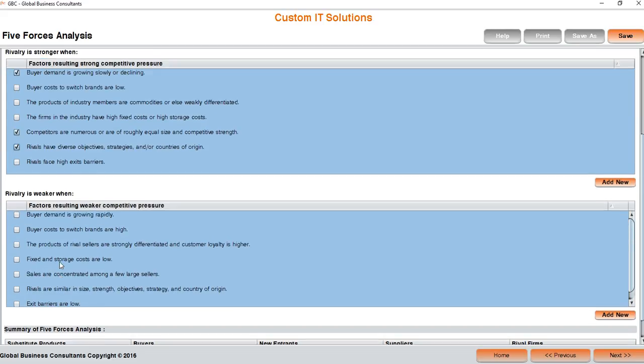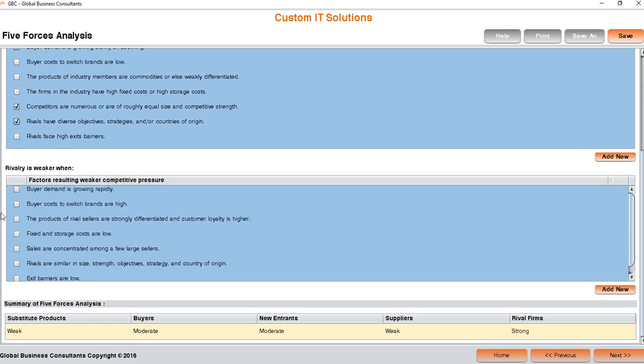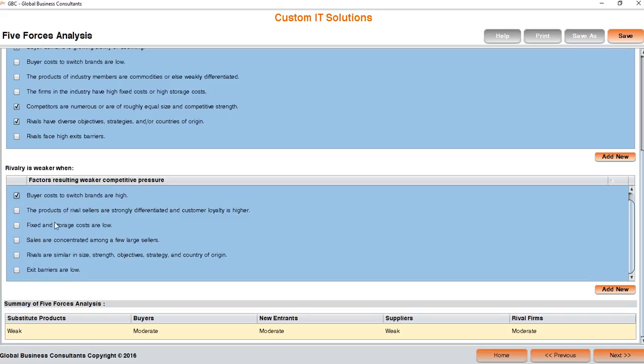Not entirely true. Rivalry is weak when buyer demand is growing slowly. The industry has slowed down with the GFC and also with current economic uncertainty. It's hard to say what buyer demand is going to do in the future. Buyer costs to switch brands are high. That's true.